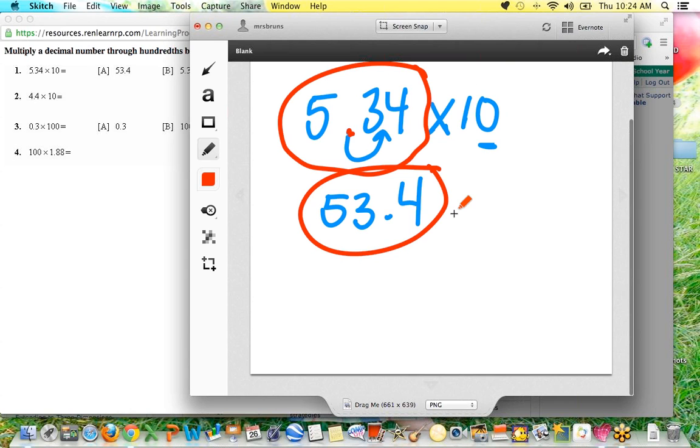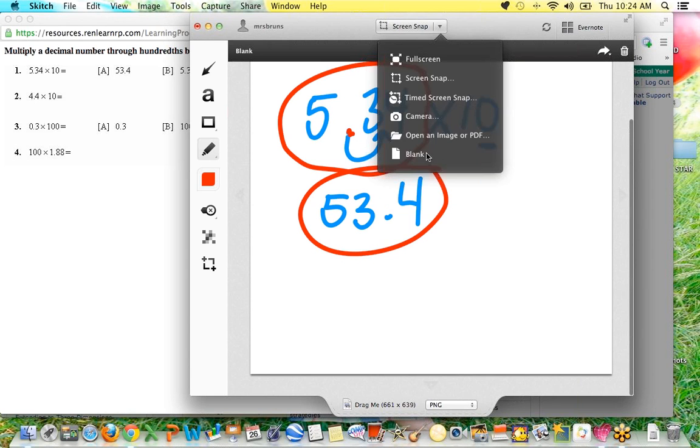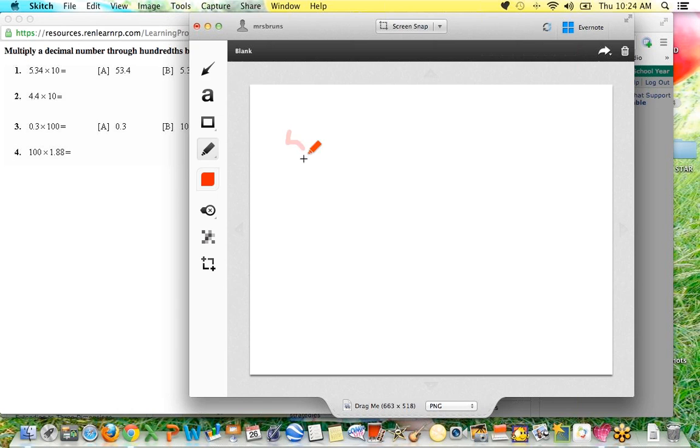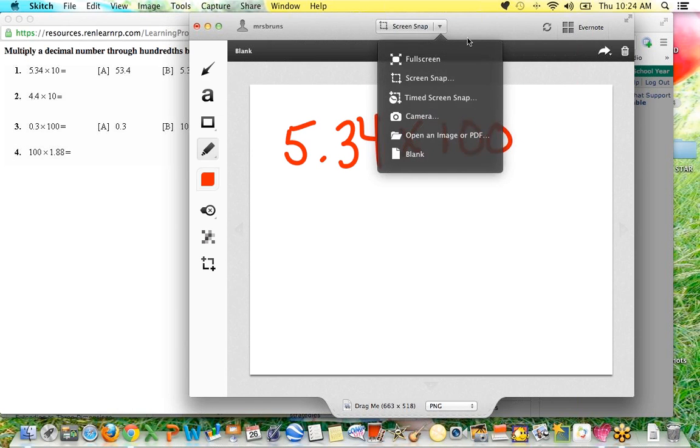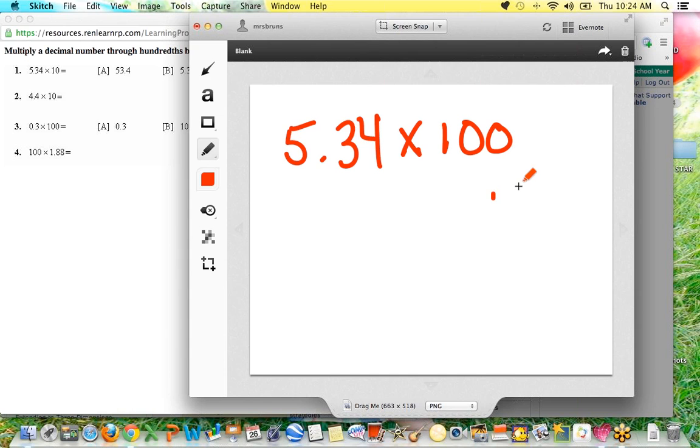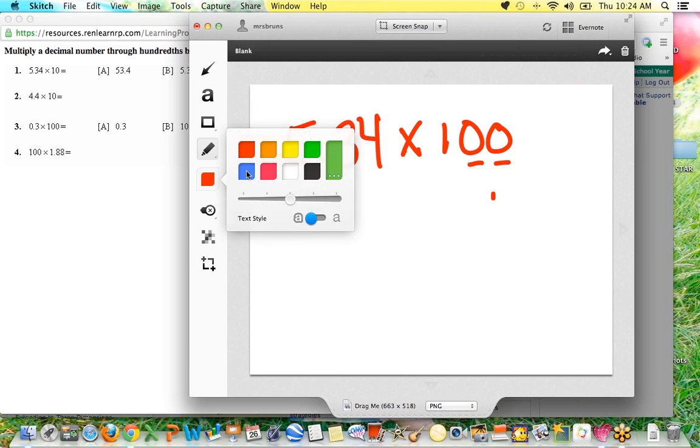All right. So let's make that same problem slightly harder. Claire, how many zeros do you see? 2. So I'm going to move my decimal place over 2 times.